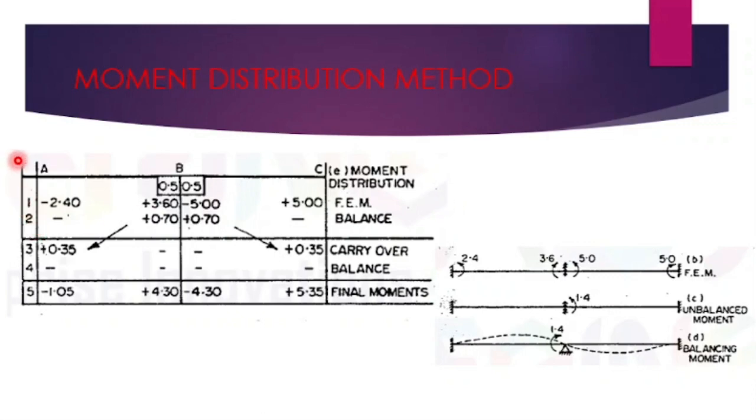So, this is A, B and C. You are having 3 joints and it is written here. Write here as joint. 3 number of joints here, and below the joint B you are having 2 distribution factors. What are they? B to A you are having 0.5 and B to C you are having a distribution factor of 0.5.